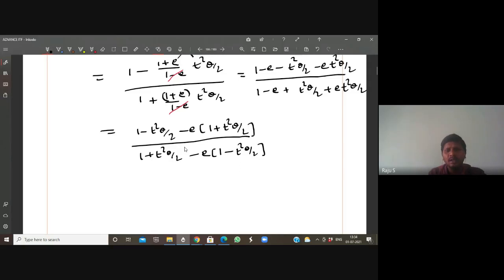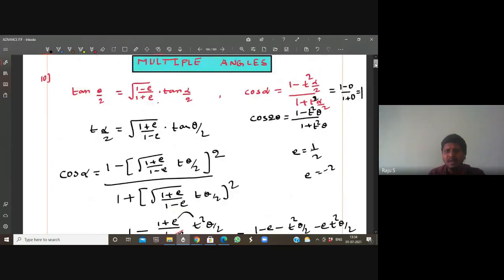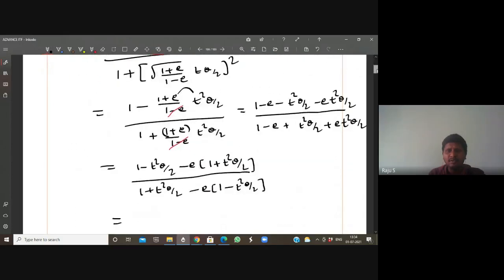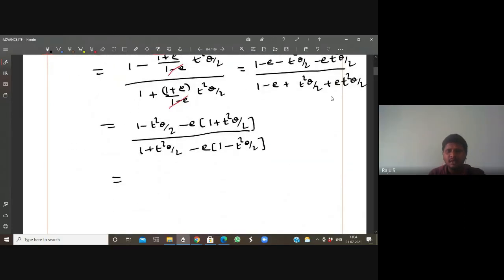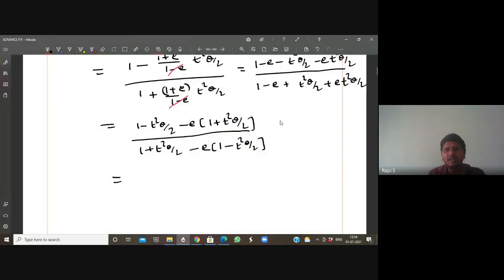Okay, students, see here, the formula for cos alpha, just now we have seen, is what? 1 minus tan square by 1 plus tan square, right? Because you know the options they have given are in terms of cos theta. So what is the cos theta formula?